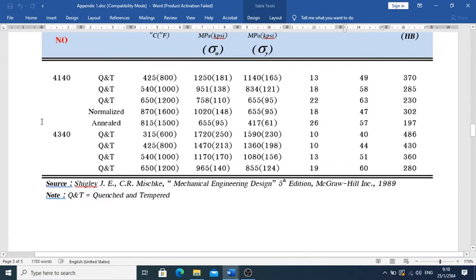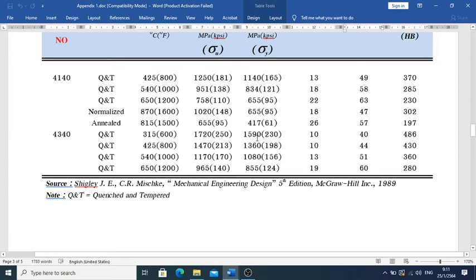We can sometimes find it in the chassis of trucks here in Thailand. This one is going to be very high, 1500 something, very high sigma Y there. Okay, about 3 times.